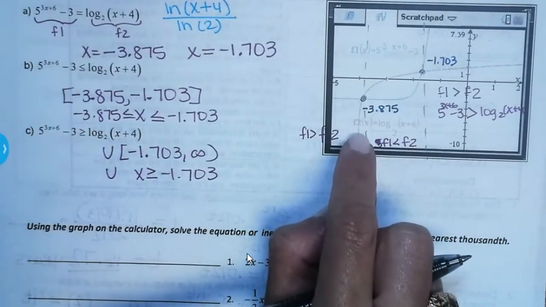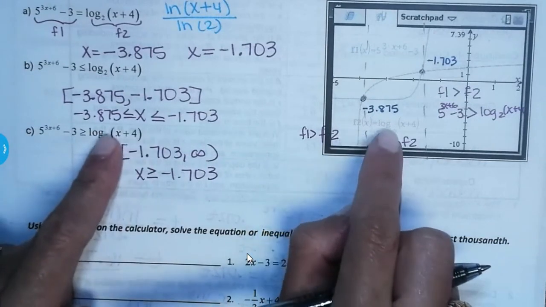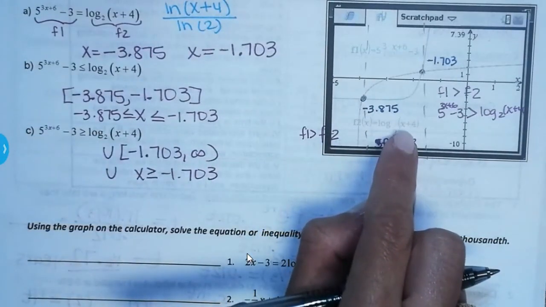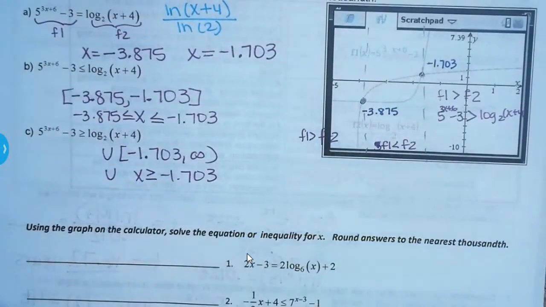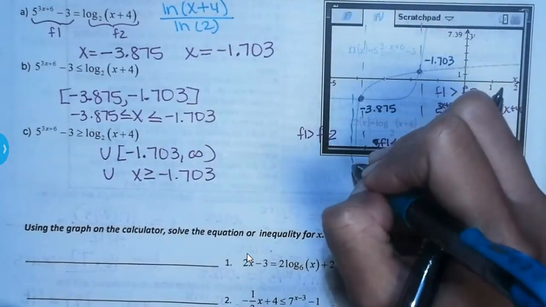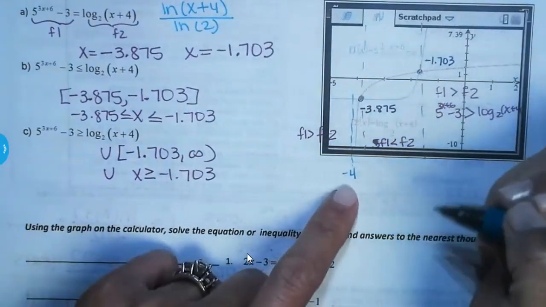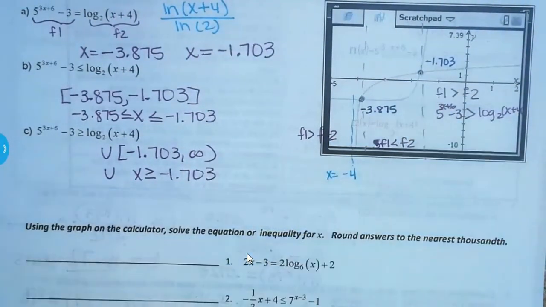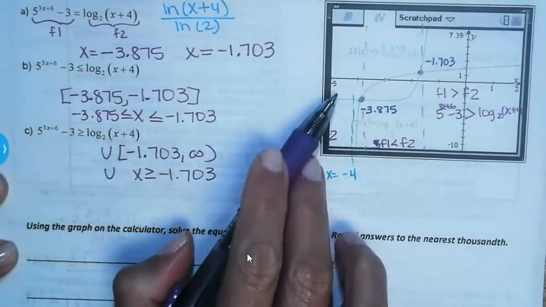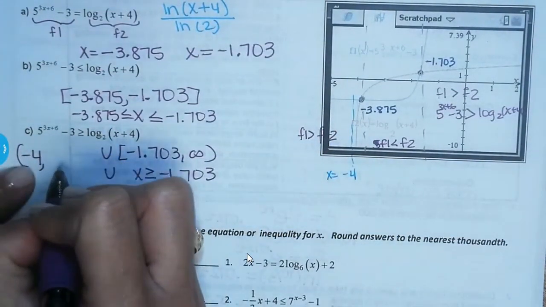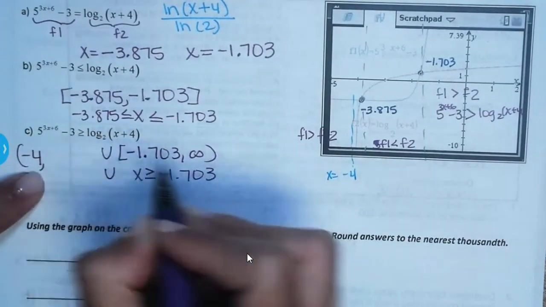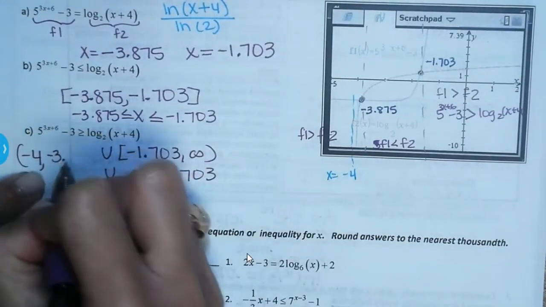This log function doesn't go below negative 4, because that's where the asymptote is, at x equals negative 4. Therefore, when you write down when the exponential is greater than the log, you actually have to start at negative 4 instead of negative infinity, up to the intersection.